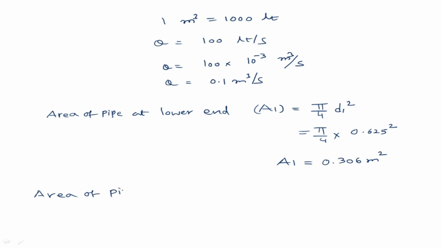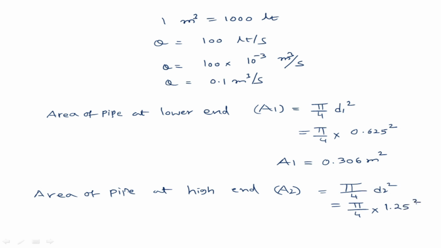Area of pipe at high end, A2 is equal to pi by 4 into D2 square. Pi by 4 into 1.25 meter whole square. A2 is equal to 1.227 square meter.